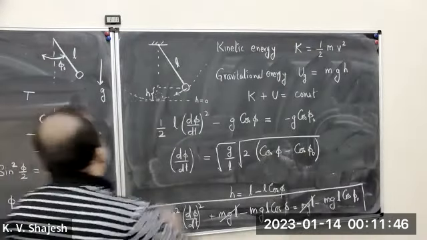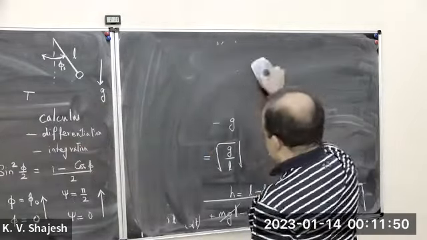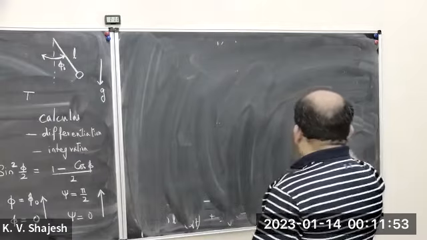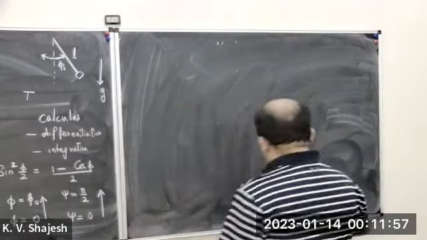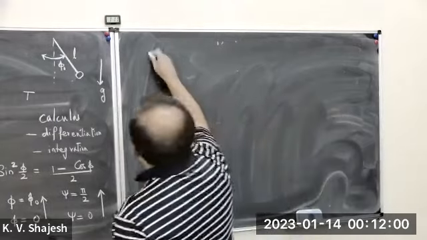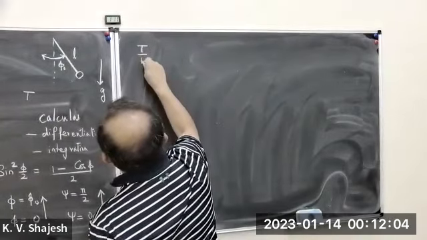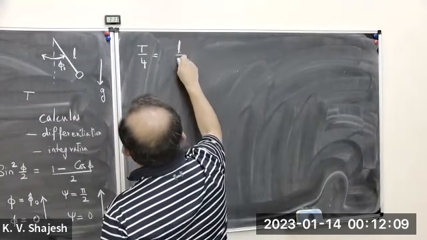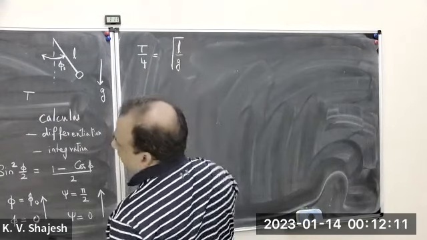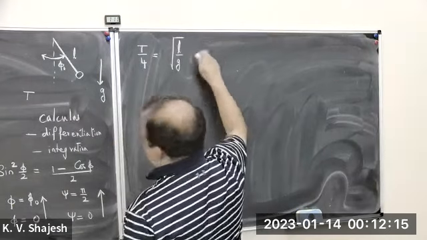So let me change the code. Okay, so again, one fourth of the time period is equal to square root of L over g times that quantity. And now I'm substituting sine psi.